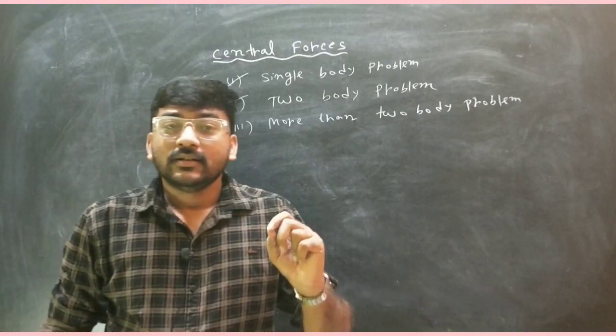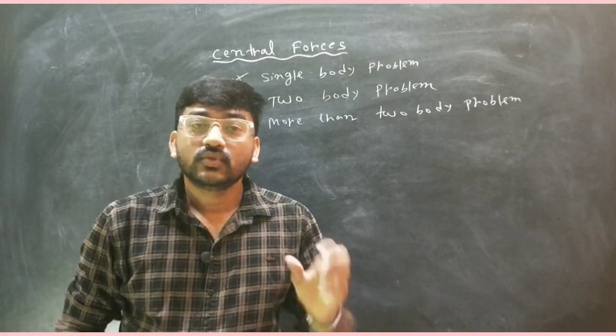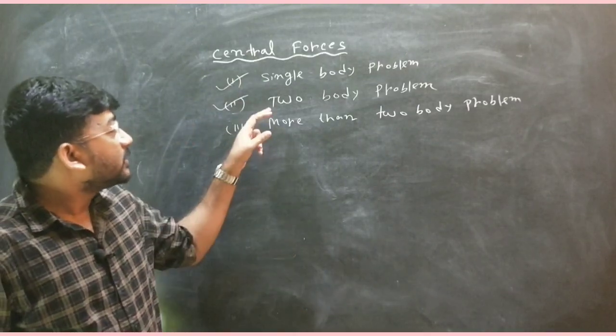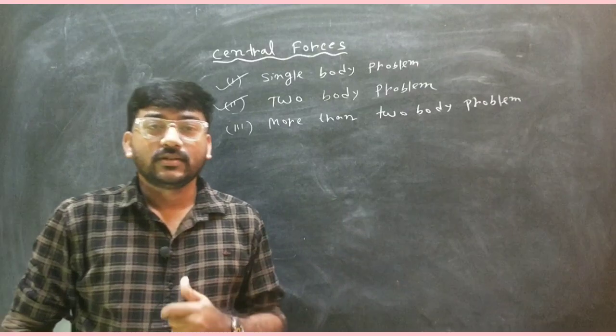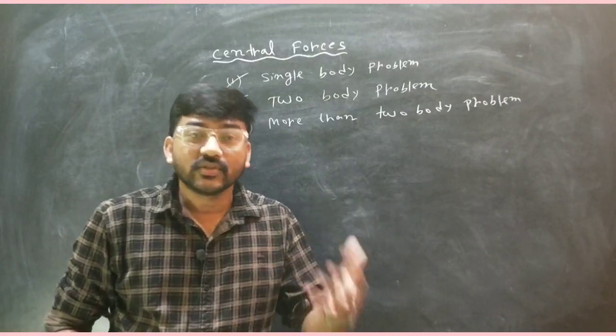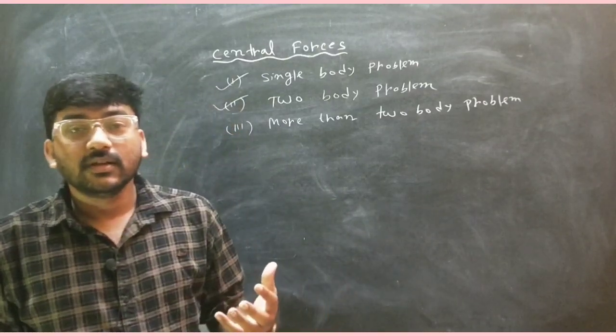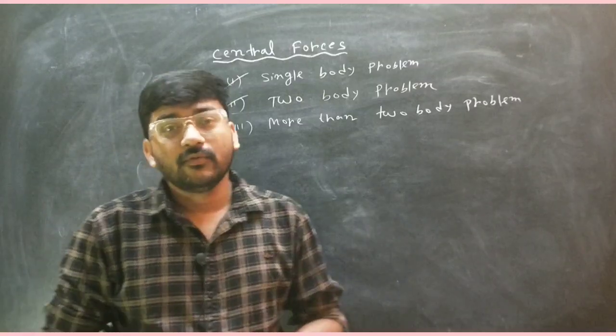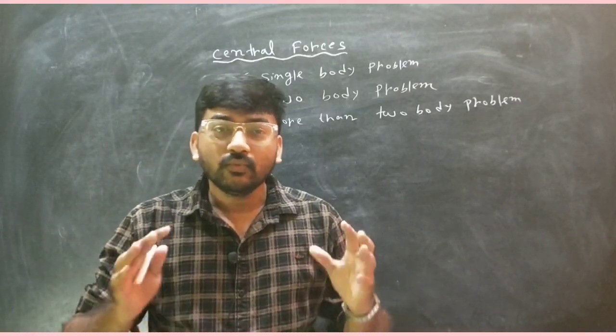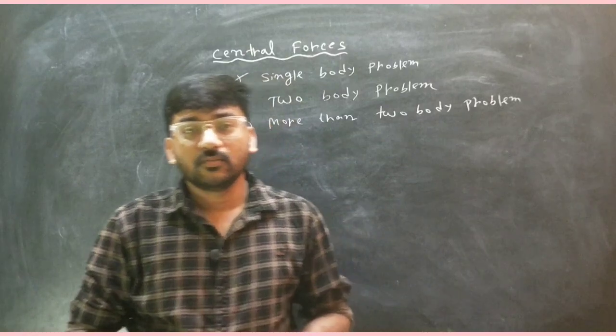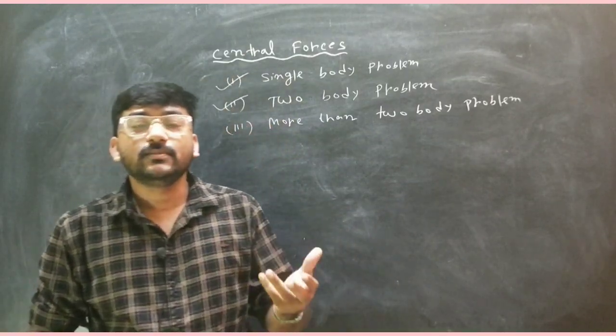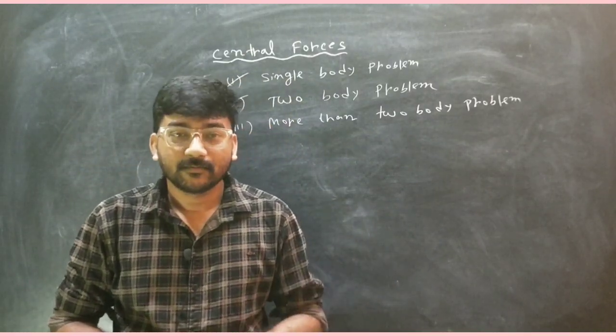Actually the equation of motion of central force is so complicated that even for the two body problem we can't solve it directly, but there is another procedure to solve it by using an equivalent one body system. Using Newton's equation of motion we can solve only a one body system.